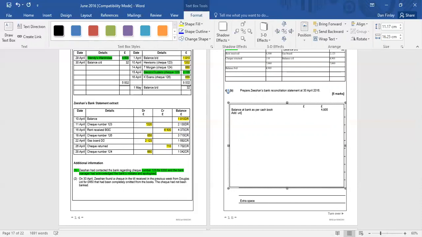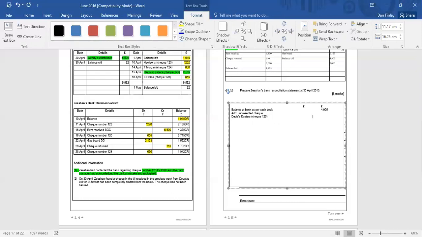Then we add any unpresented checks. So they're checks that the business has written out, given to suppliers, but they haven't cashed them in yet. So unpresented checks, that will be on the credit side because I've written out the check already. So there's only one, Stacia's Dusters, check 125.